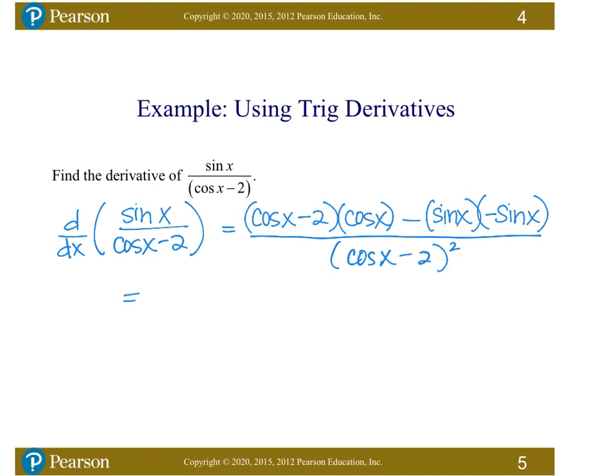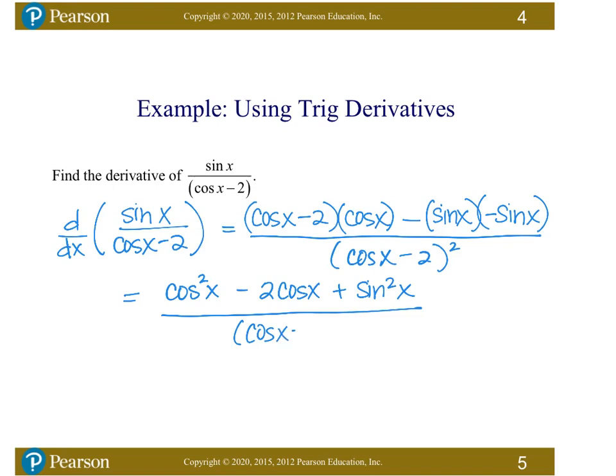So we clean that up, and we'll end up with cosine squared x minus 2 cos x plus sine squared x over the quantity cos x minus 2 squared. And hopefully you notice that you've got a cosine squared plus a sine squared in the numerator.